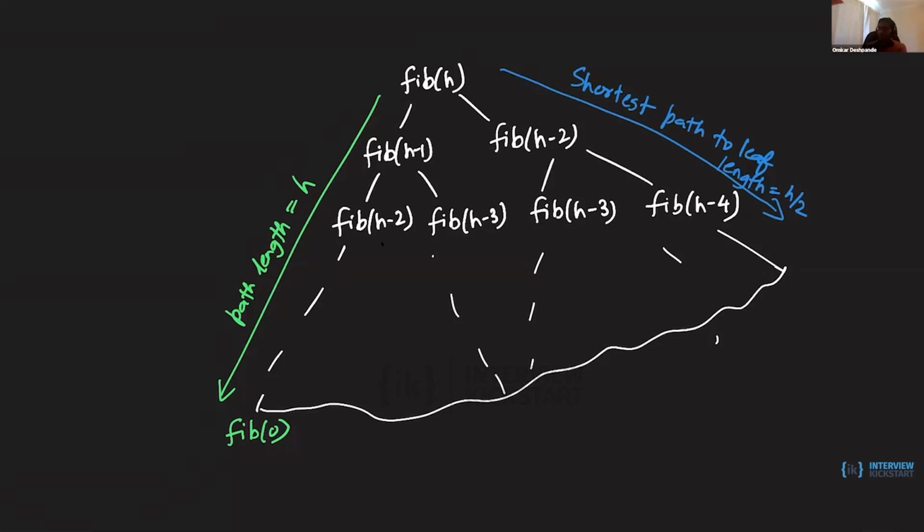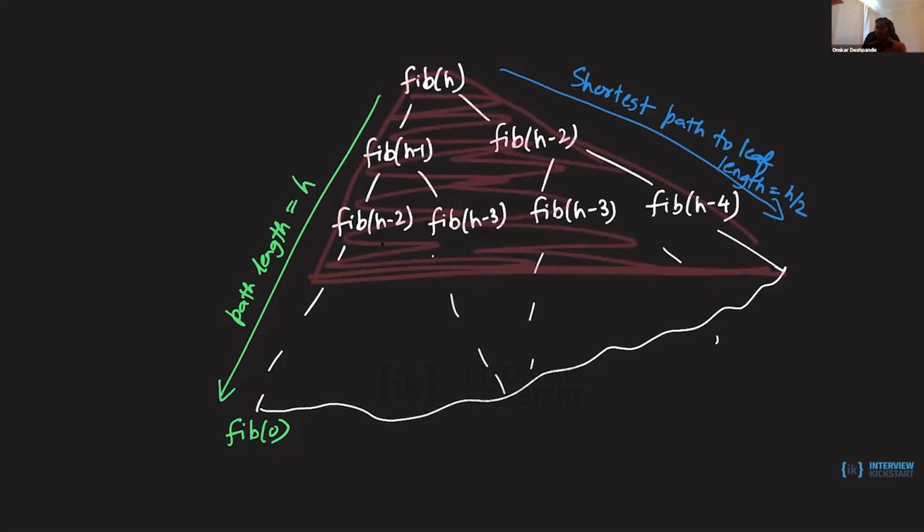But the point is that at least up to this level, if I were to look at this section of the tree that I am coloring crudely red, it's completely filled. It's completely filled up to level h by 2.